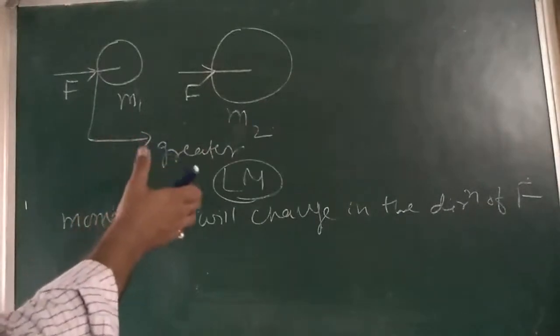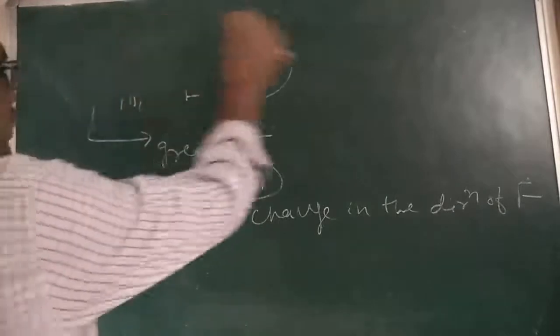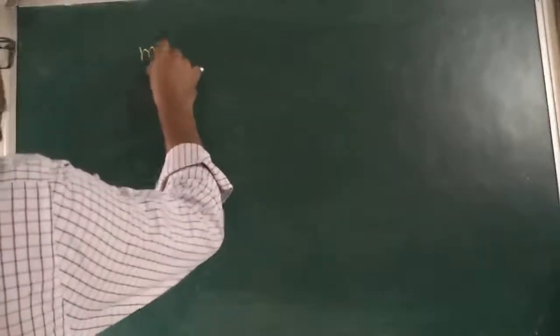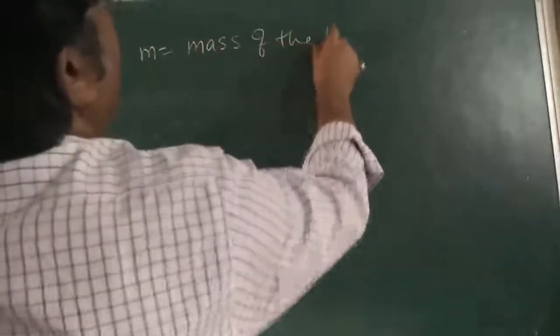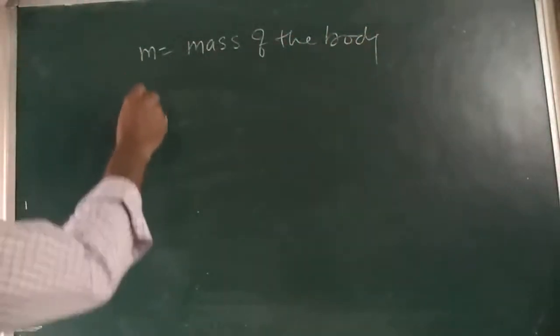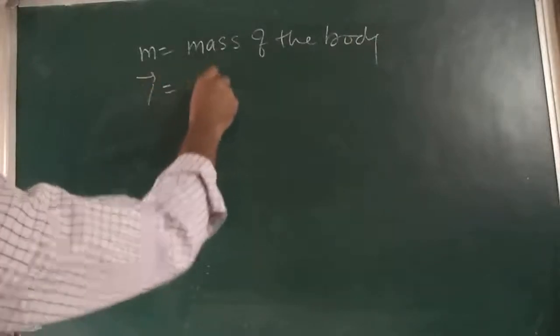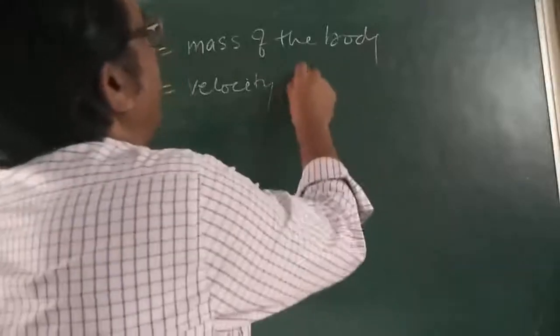So, how to understand? Further, I want to explain this. m is the mass of the body. V is the velocity of the body.